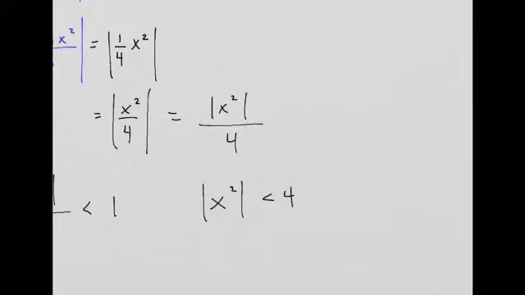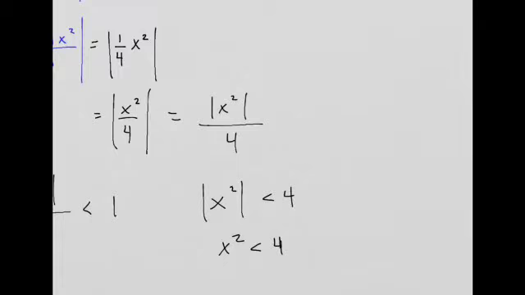Well, that becomes a little bit trickier to think about. This is the same thing as saying x squared less than 4, right? Because the square takes care of the absolute value anyway.